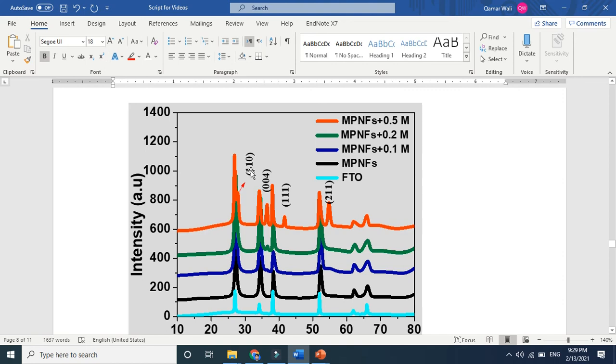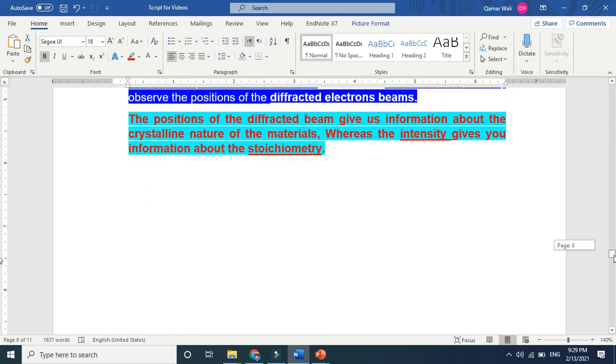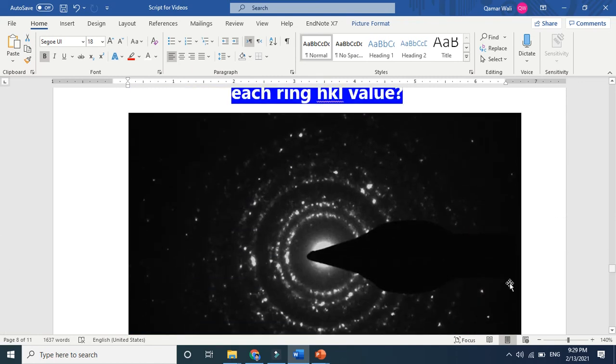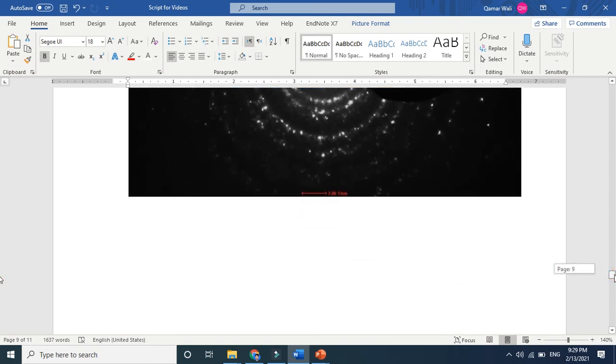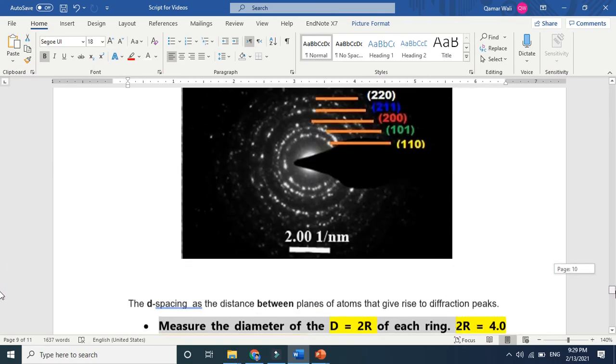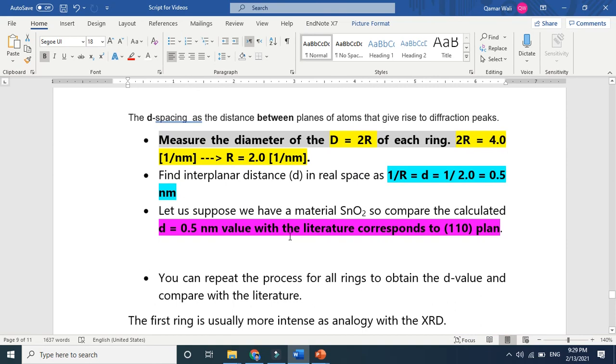So you can see here that this peak is basically represented by a certain value of HKL. Similarly, this ring is also represented by a certain value of HKL, and this is how we index this value. With the method we explained here, you can easily index the HKL value to the rings.